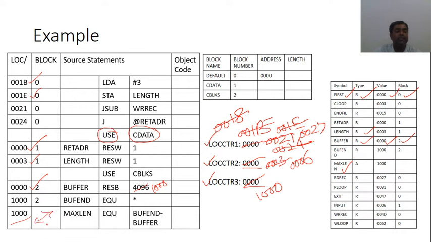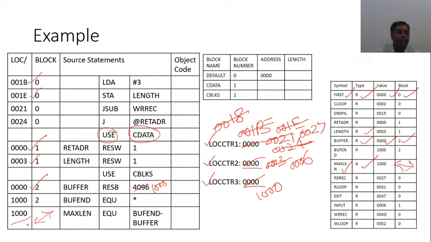That's why the block number is not assigned. Here you can see MAXLEN is an absolute value because BUFEND is a relative term, BUFFER is a relative term. So when we subtract the relative terms, we will get an absolute value. That's why it becomes an absolute value. There is no block number assigned corresponding to MAXLEN.